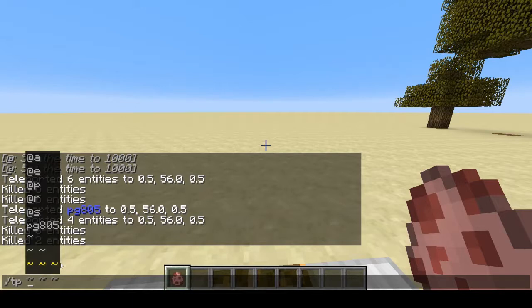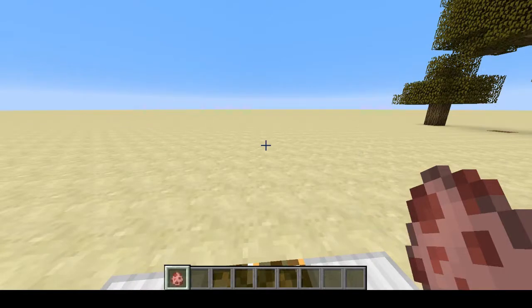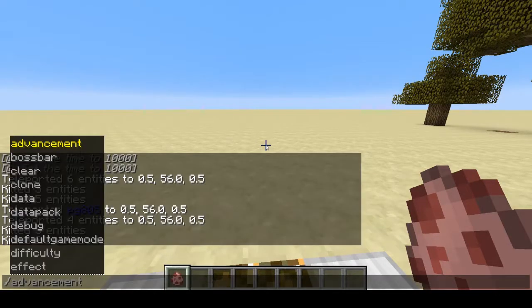For the second argument, rather than typing in a target selector, it will assume that you're using @s as your target selector. So the second argument is going to be where you are teleporting these entities that you've just selected to.